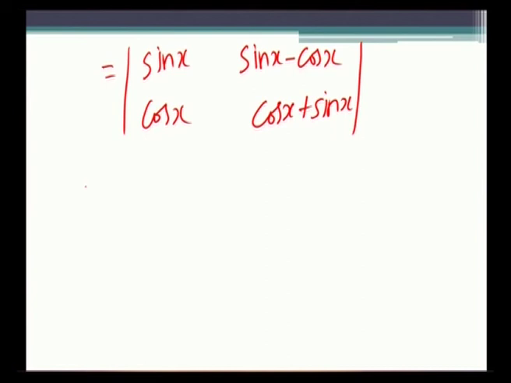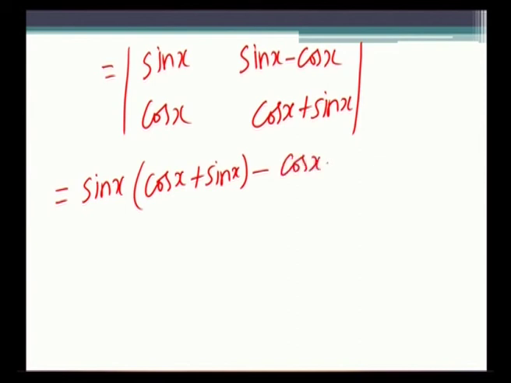So, if you expand this determinant, we will get sin x into (cos x plus sin x) minus cos x into (sin x minus cos x). If you expand this, you will get a value equal to 1, which is not equal to 0.